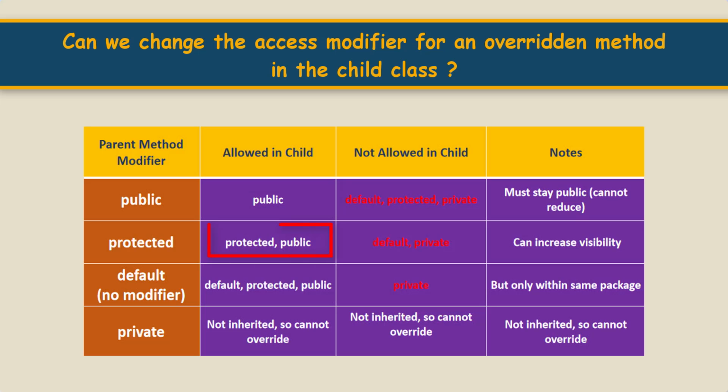If it is protected, you can go with protected or public. If it is a default m1 in the parent, then you can use default, protected or public. So you are allowed to change the access modifier in the child class. The only thing is, you cannot reduce the visibility or scope of that overridden method in the child class. You can always increase the scope.